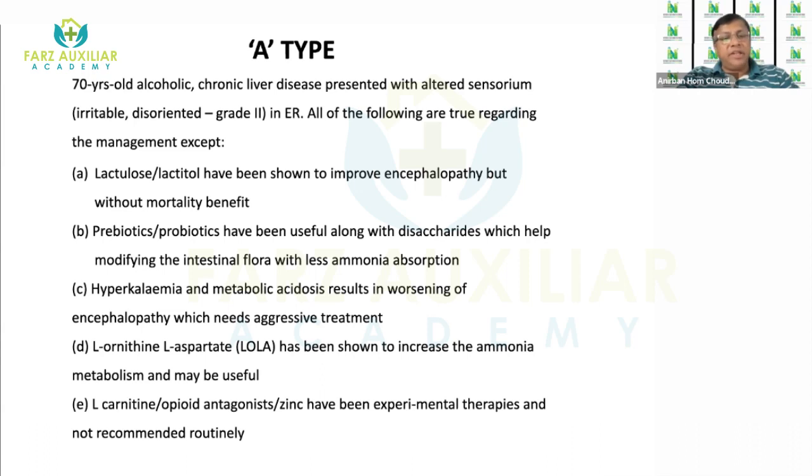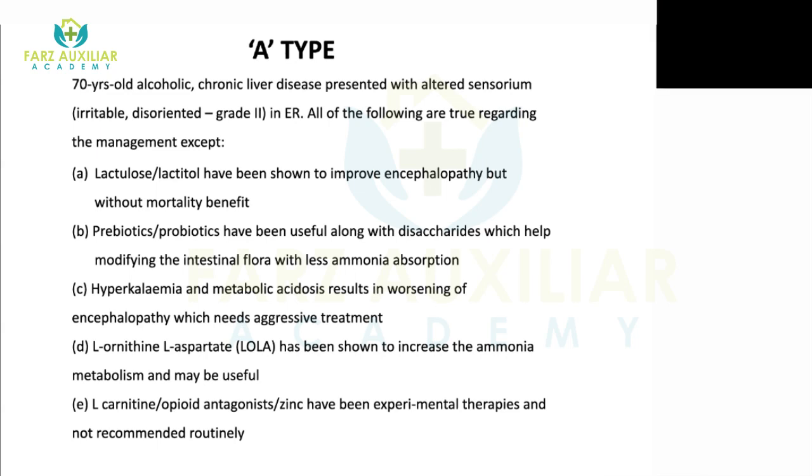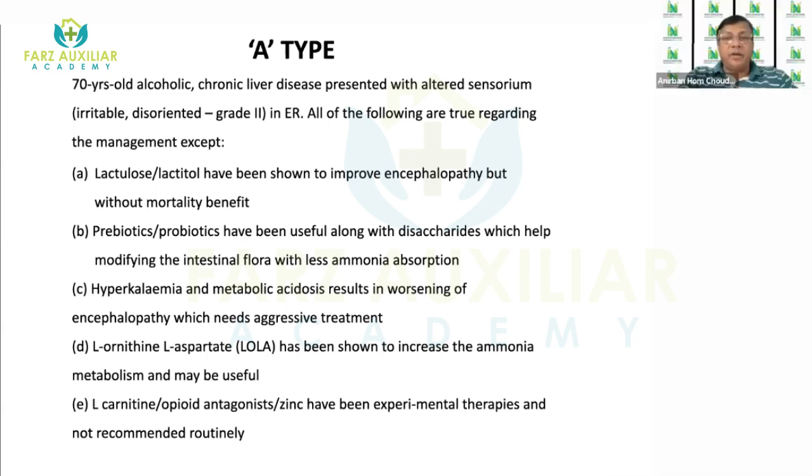D, LOLA, that is L-ornithine L-aspartate, has been shown to increase ammonia metabolism and may be useful. And L-carnitine, opioid antagonists or zinc have been experimental therapies. These are not routinely recommended. So all of the following are true regarding the management, except, again, the question is open to the house. You can give your choice.